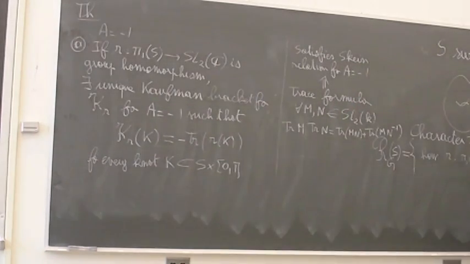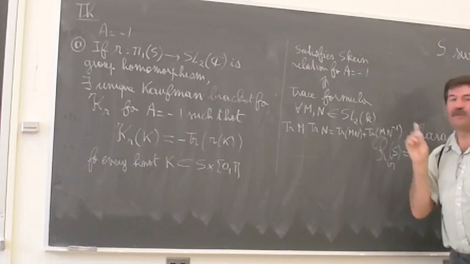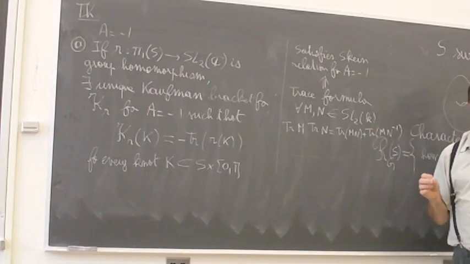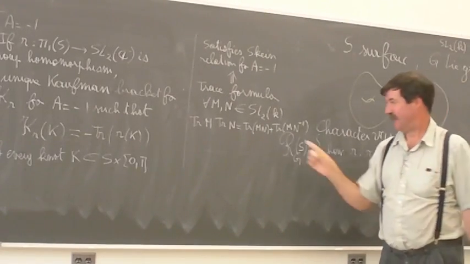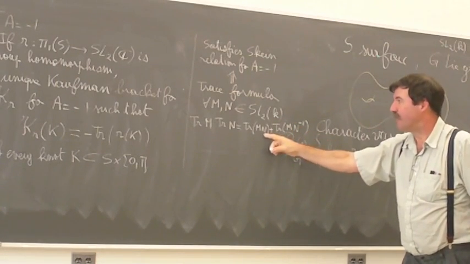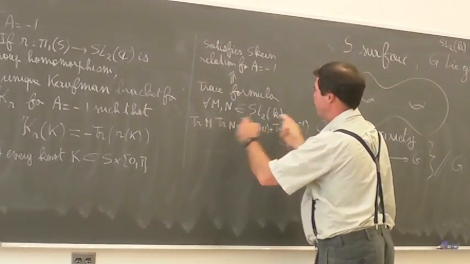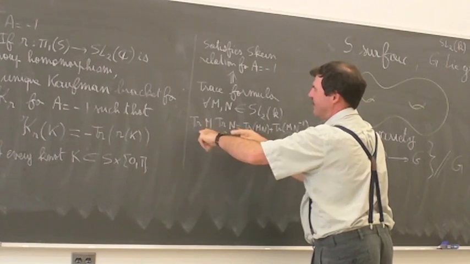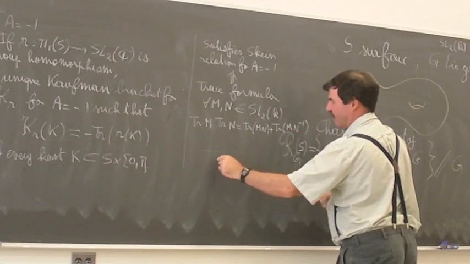It's a standard formula in SL2. Actually, it's just a way to re-express the fact that when you evaluate the characteristic polynomial of a matrix at the matrix, you get 0. That's Cayley-Hamilton. So when you have two curves, it says something about the product of the images of the two curves with a combination like this.